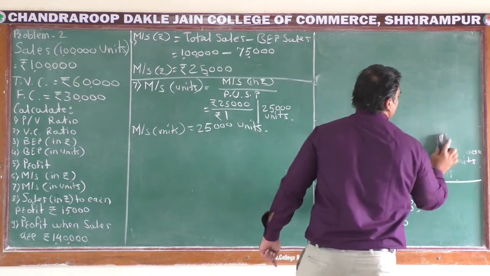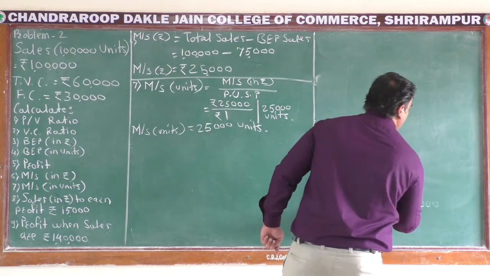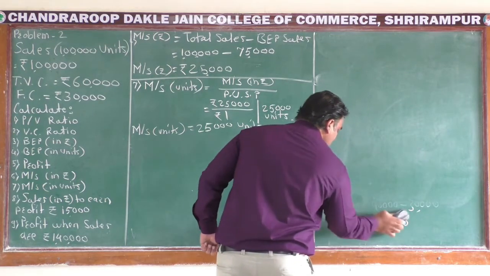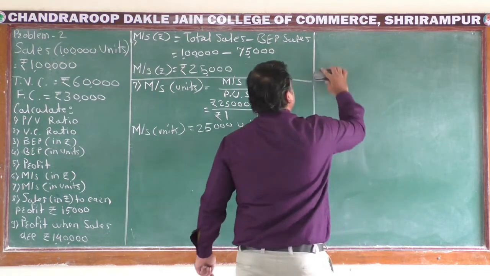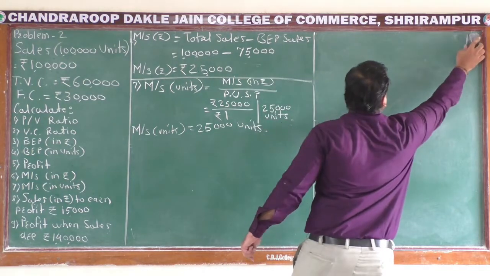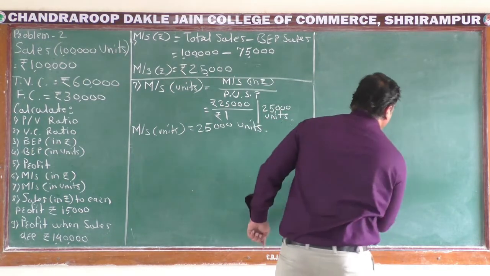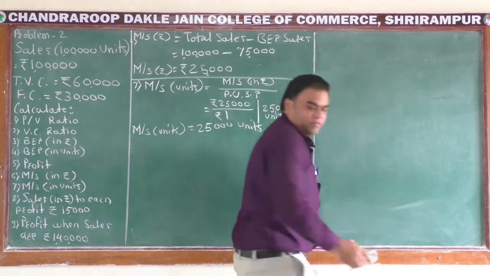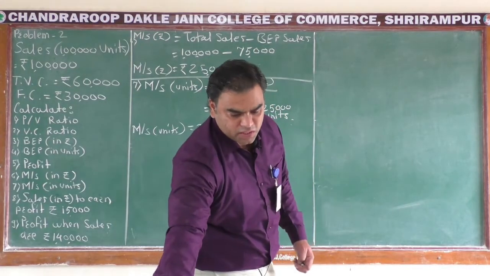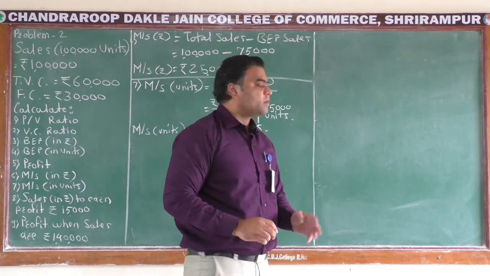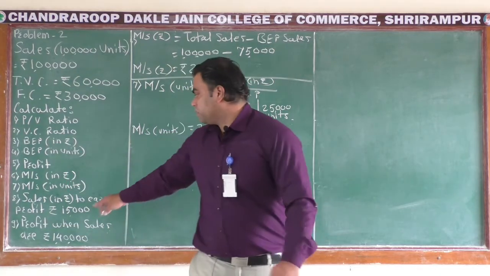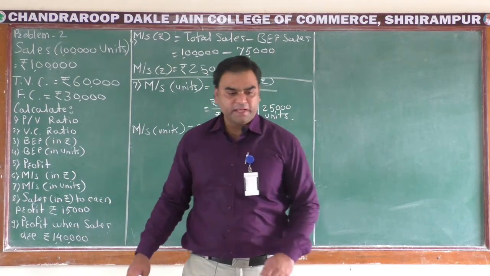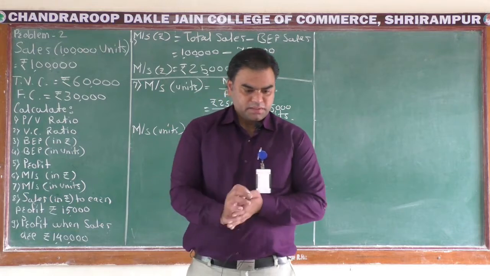So to earn profit rupees 15,000, how much sales will the company have to generate? We will use the formula of sales for desired profit.